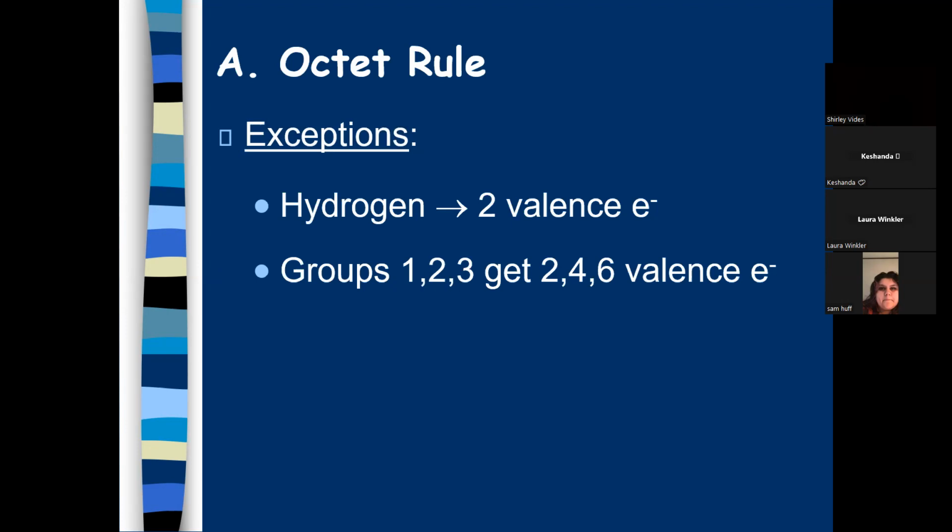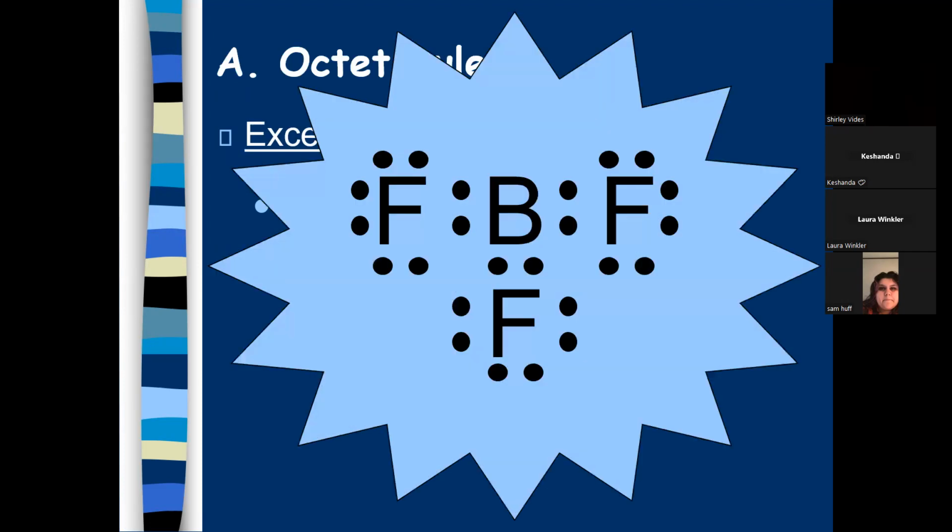And that's in this particular case, which is known as incomplete octet bonding. As you can see, if you look at the things around the central atom, which is boron, boron has 6 electrons, and boron happens to be in group 3, right?